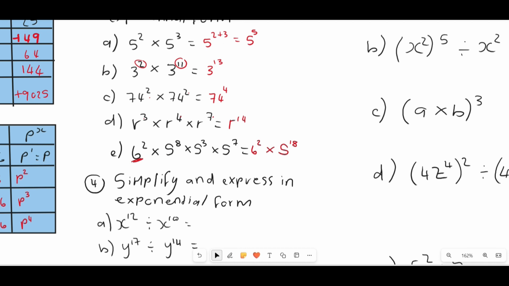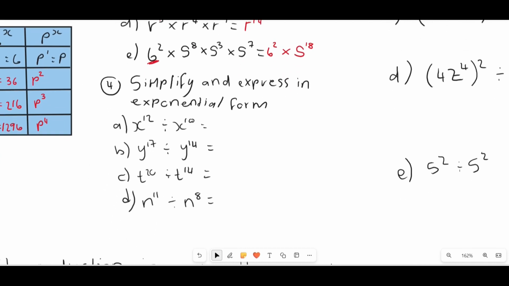Okay, and now to move on to the next one. Question number 4. When we divide, it's exactly the opposite of what we do when we multiply. So when we have the same base number, we need to take our 12 and subtract 10 from it. So it's going to become x to the power of 12 minus 10, which then gives me x to the power of 2, or x squared. Same thing for y.